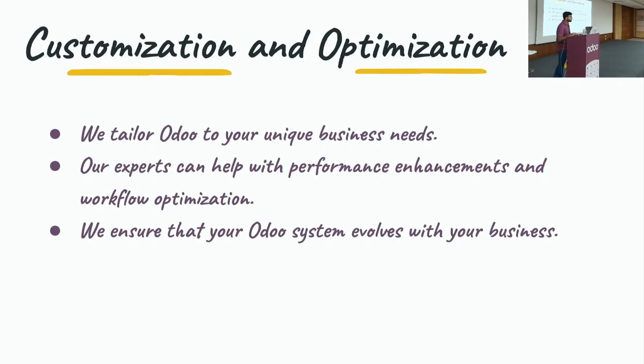Lastly, the optimization part. Why customization is important, and up to which level we have to guide them as a partner also. Optimization is helpful for them because, of course, you know Odoo SH is sustained for the last 5 versions. As soon as version 18 launches, version 13 will be discontinued.